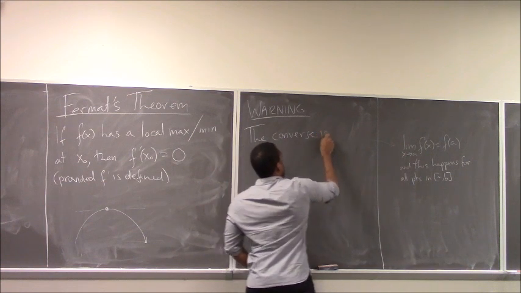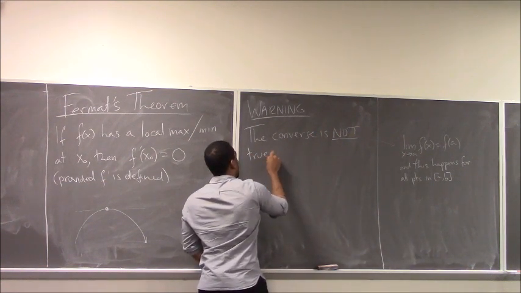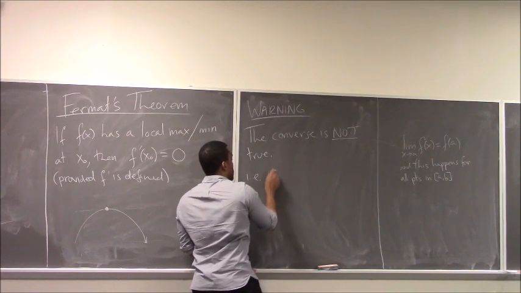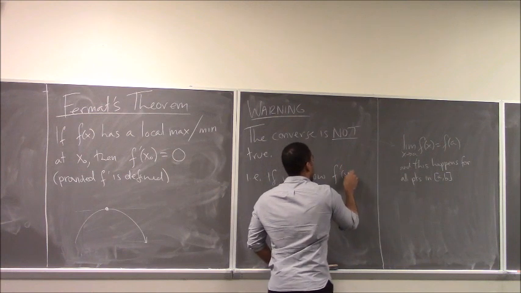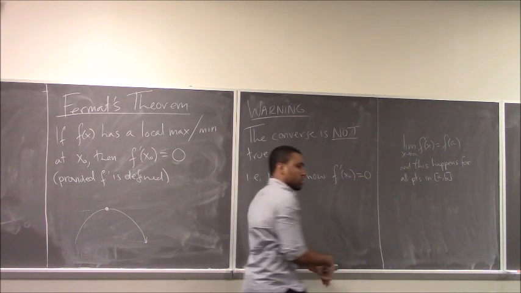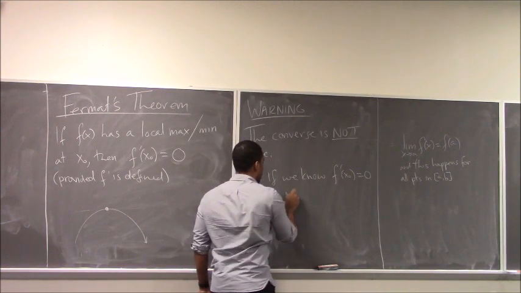The converse is not true. That is, if we know f prime of x naught is equal to 0, it does not mean that it's a max or a min.